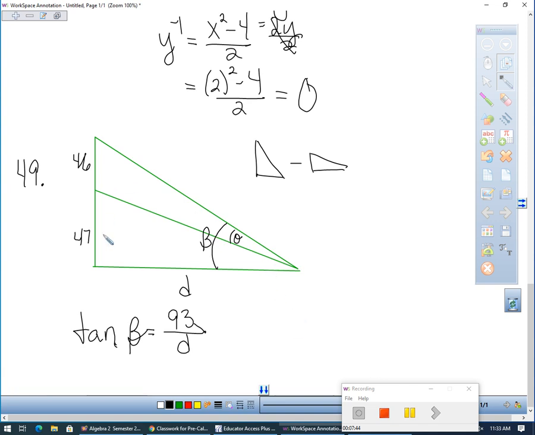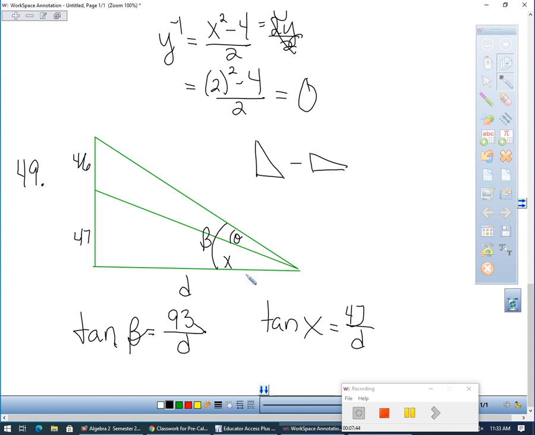My second one for the smaller triangle, or the bottom triangle, that is the tangent. And if I just do this bottom one, let's call that x, equals 47 over d. Opposite over adjacent.